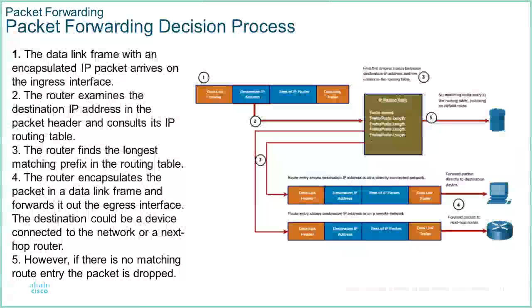It then uses the destination network after doing the ANDing function against that address to try to match an address in the routing table. If it finds a match, it forwards that packet to the outbound interface.